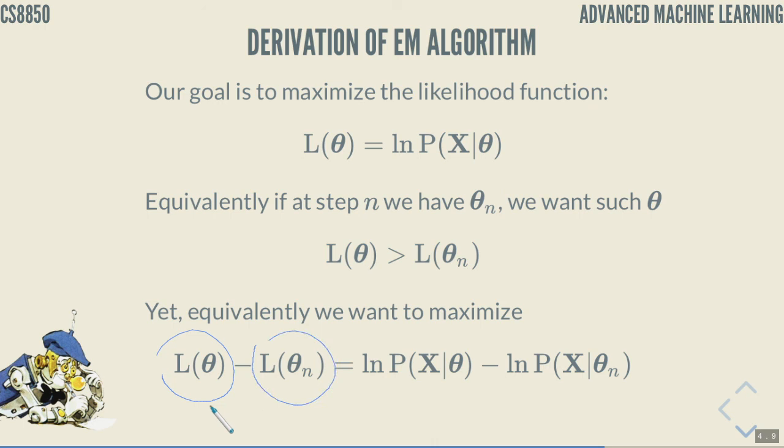By definition, this difference equals the log likelihood minus the log likelihood at a specific point, and we want to maximize that difference. I'll overload this term later in the slides, but for now we want this delta to be maximum.